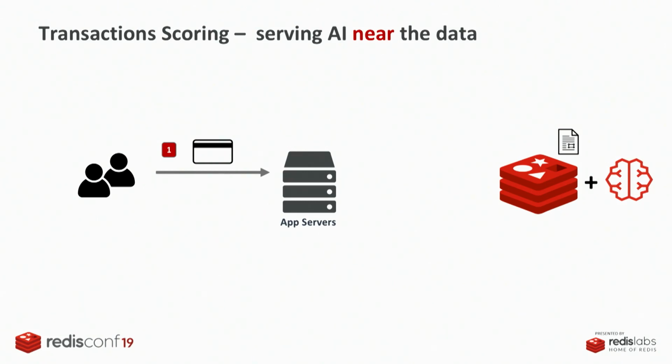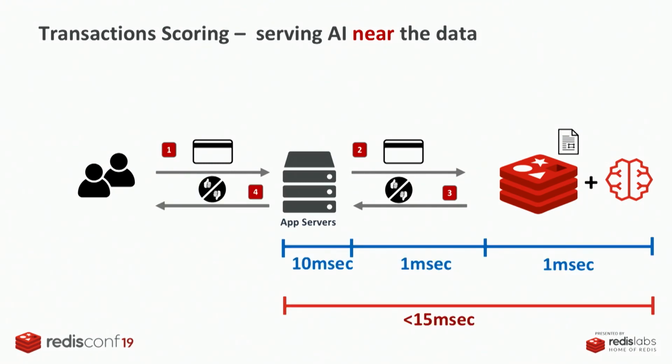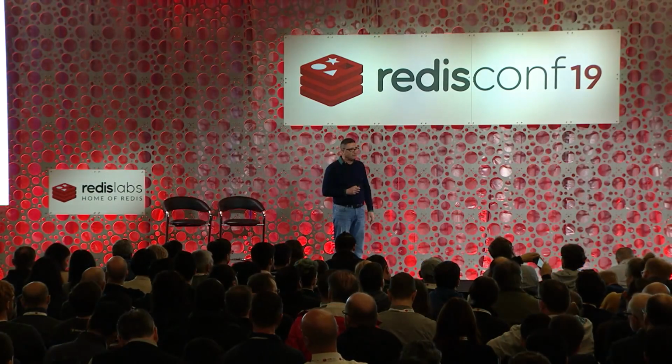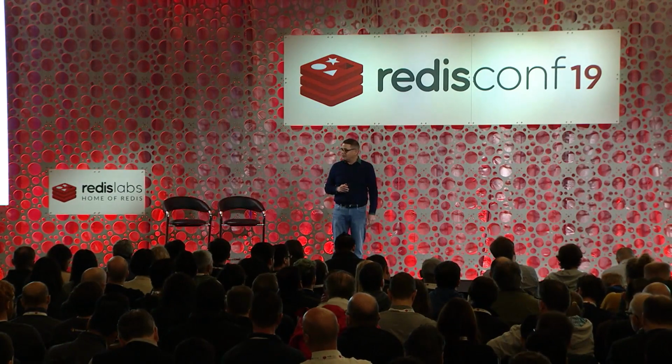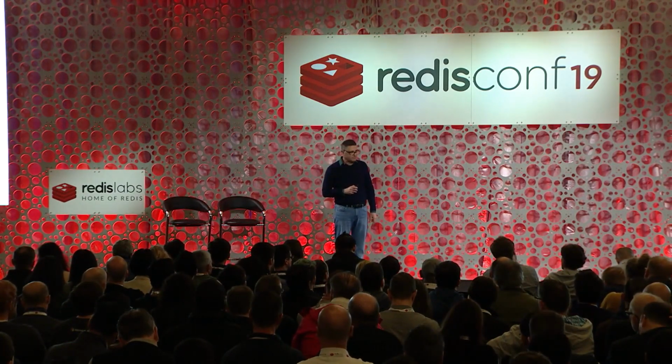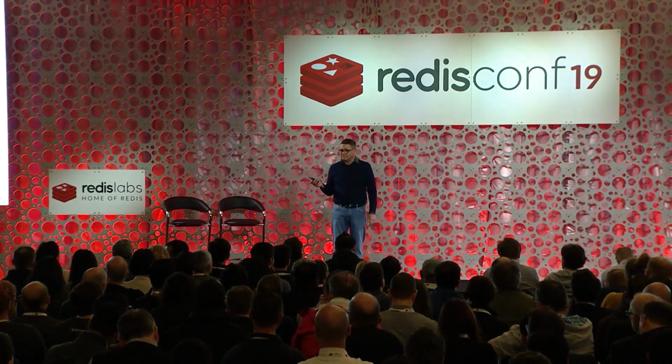With a single API call, you approach Redis, give me the result, and you get the result, yes or no. This will take approximately 15, even less milliseconds, which is 15 times faster than any other system of today. Isn't it impressive? I think it is.